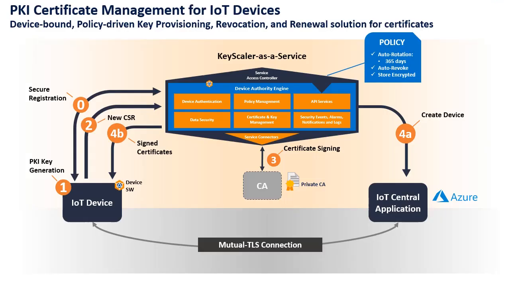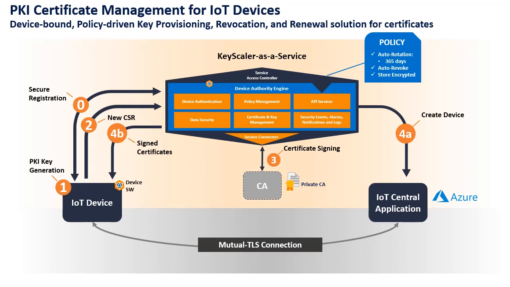So how do we fit into the Azure IoT Central role? KeyScaler already has a certificate provisioning and management solution. So what we can do then is extend that into the IoT Central application. And this diagram here takes you into the details of how that comes together.